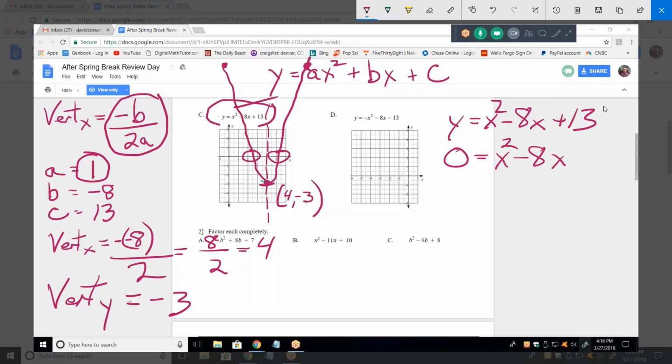Now, the problem is that's not easy to solve. You have to use the quadratic formula. Now, the quadratic formula uses this a, b, and c, but you have to know what it is. In other words, you have to know the general quadratic formula.